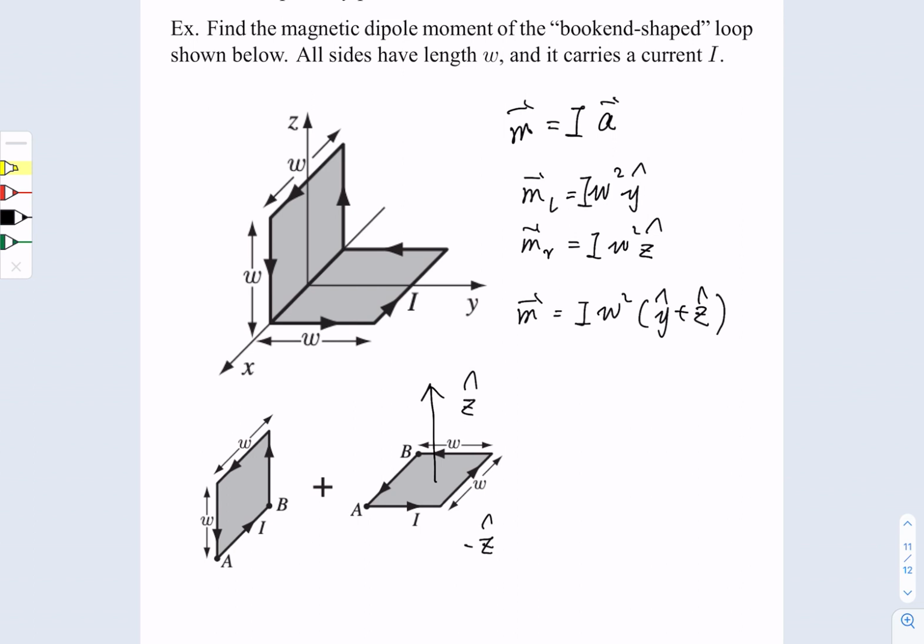The way to determine the direction of the surface is to use the right-hand rule. You use the thumb as the direction of the surface, and the four fingers curling along the edge current. So on the right-hand side, it should be pointing upwards, and for this loop here it is pointing to the right. So one is y hat, one is z hat, and it's not minus z and not minus y.